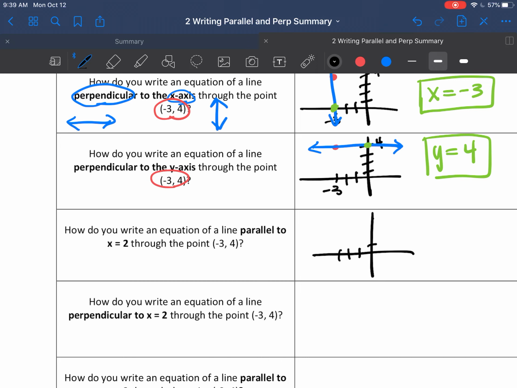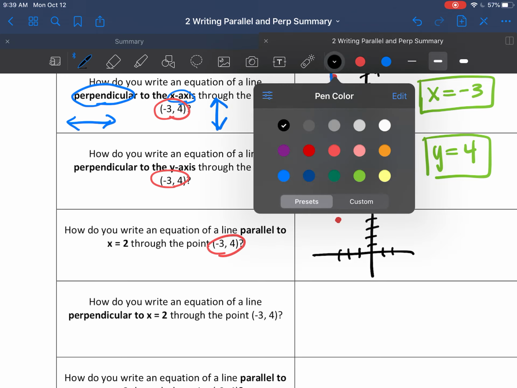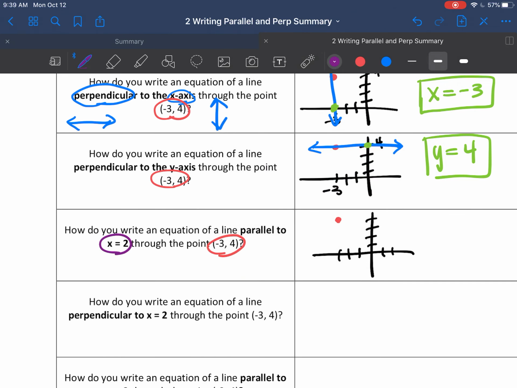Still dealing with -3, 4. And this time they want parallel to the x equals 2 line. So the x equals 2 line is a vertical line.